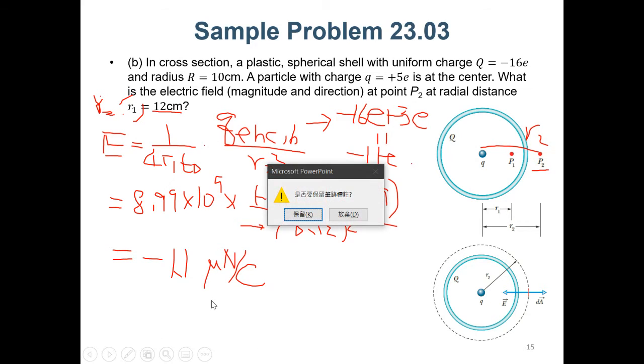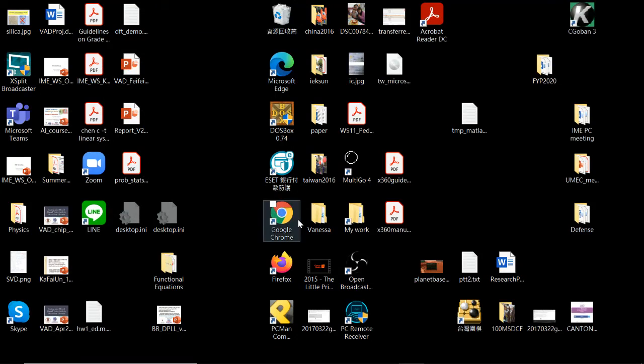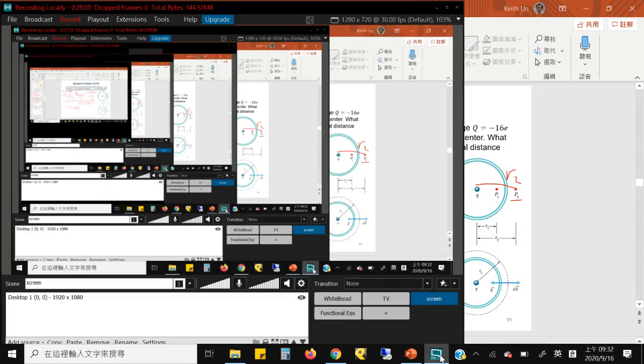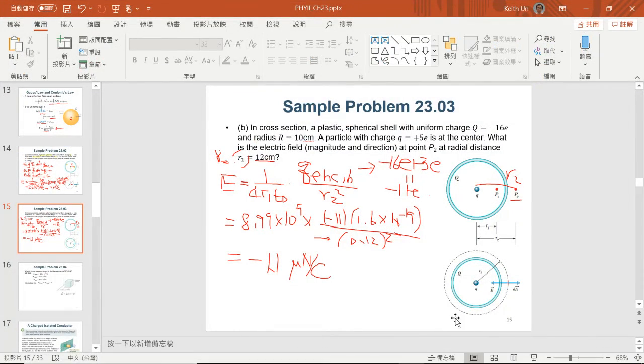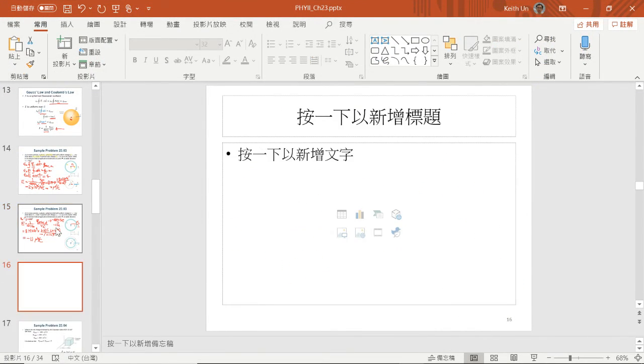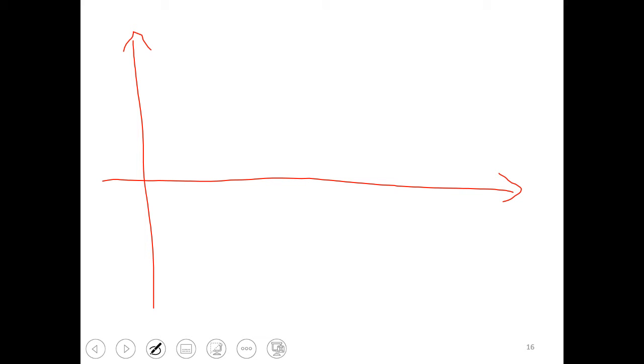Actually, if you draw it out, the x-axis is r, and the y-axis is the magnitude of E. It should be somehow like this.